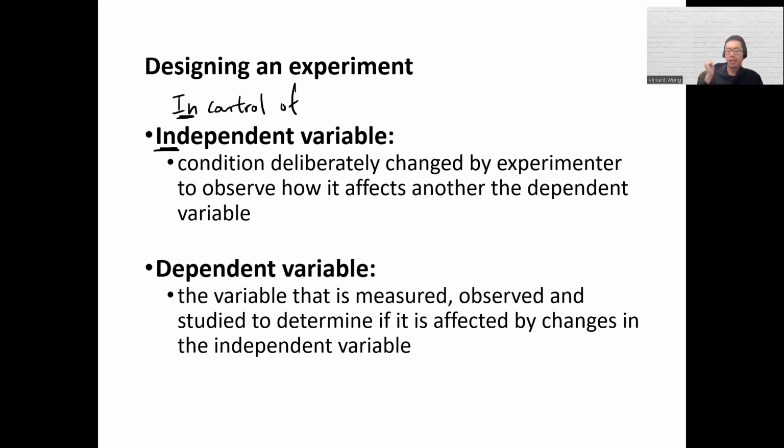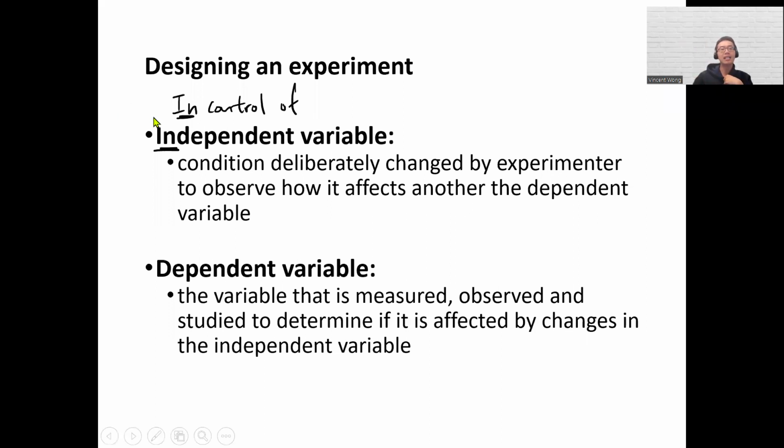For example, we were saying earlier that some plants grow taller than others because they have different amounts of sunlight, right? So in that scenario, the independent variable would be the amount of sunlight. I deliberately put a plant in the sun and I deliberately put the other one in the shade. So the exposure to sunlight is something that I am in control of.